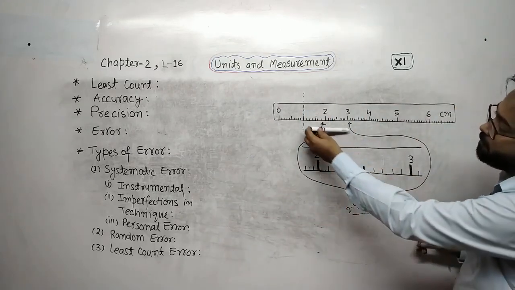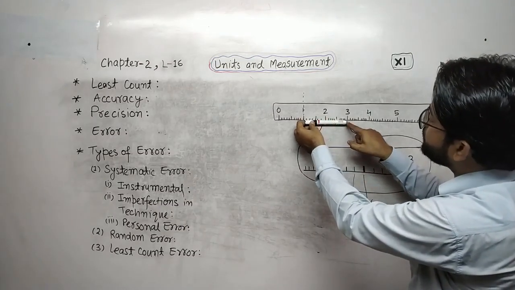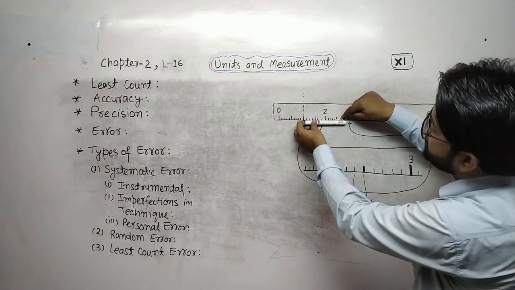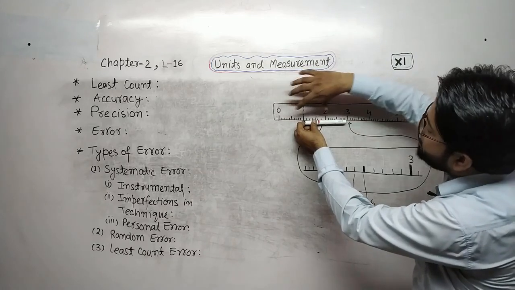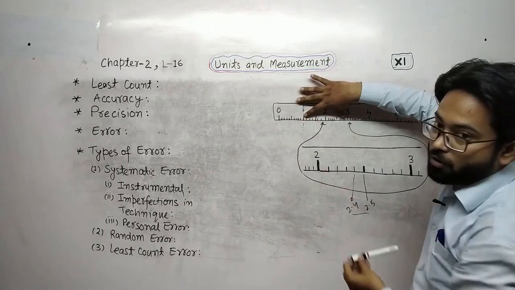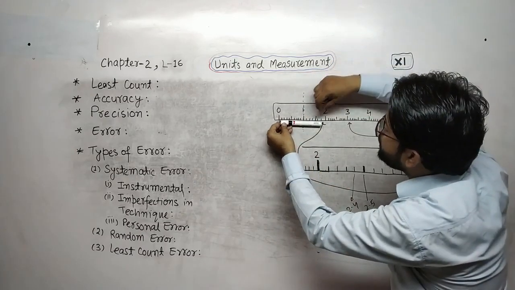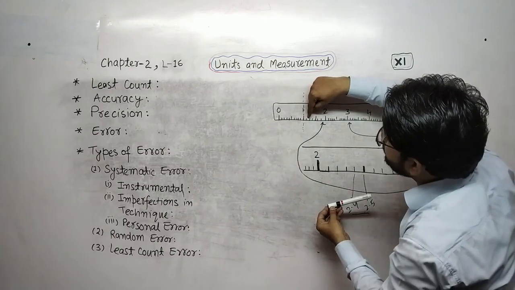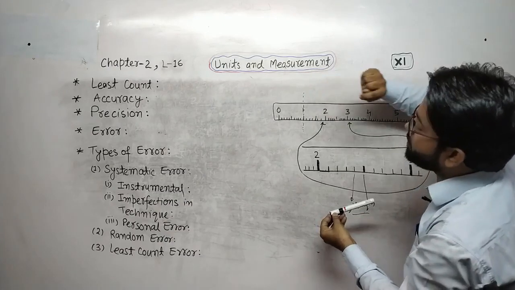If you measure from 1 and the length of this marker is 2.8, but because 1 centimeter is broken, what will the length of the marker be? It will be 1.8, because if you measure from 0, it is 1.8: 1, 1.1, 1.2, 1.3, 1.4, 1.5, 1.6, 1.7, 1.8.